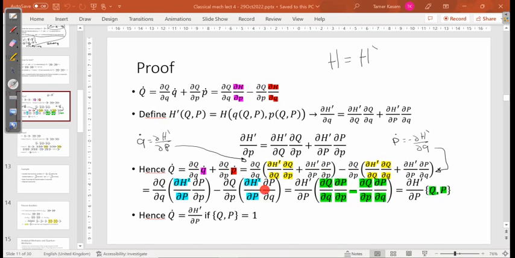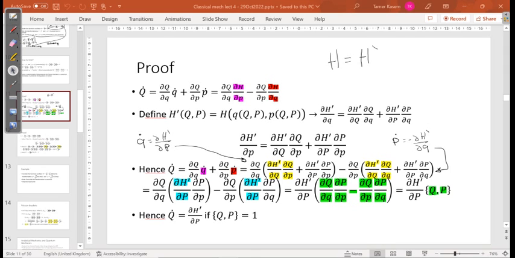Also, if you focus, you can conclude that partial H dash by partial P can be taken out as a common factor. And you get this one. What is this? This is the Poisson bracket of Q and P. So for Q capital dot to be equal to partial H dash by partial P, we need this one to be equal to 1, or the Poisson bracket to preserve its structure. Okay. So we have proved it for q dot.